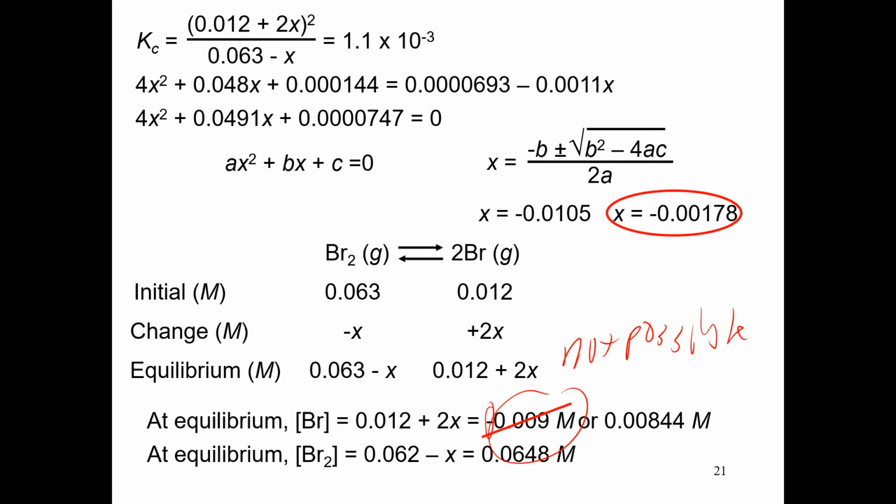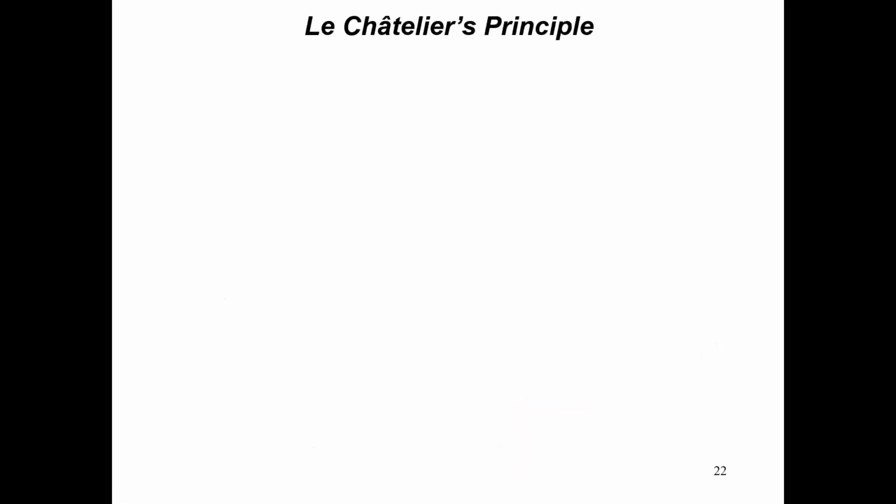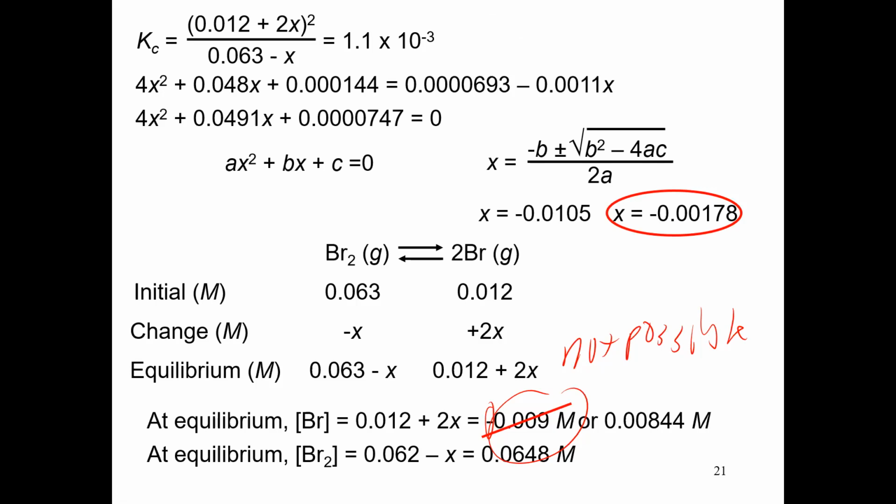So at equilibrium, you use 0.062 minus X equals 0.0648 there. And that gets you the value that you wanted for that.